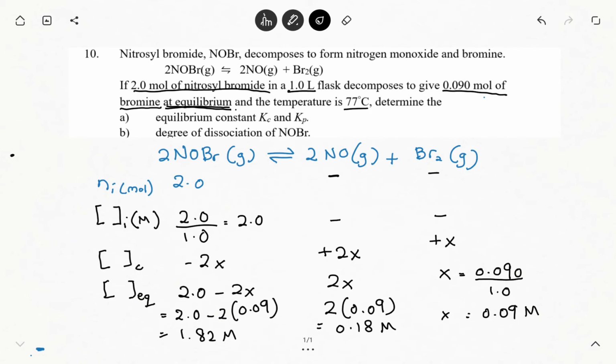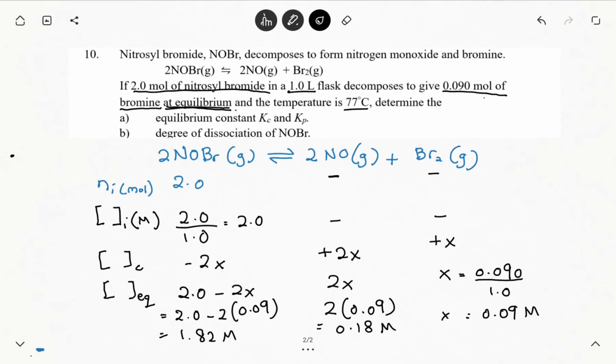Okay, so now we have the concentration of all species. We can calculate the Kc now. Just substitute the values in the Kc expression. So Kc equals the concentration of NO squared times the concentration of Br2, the concentration of product over reactant, over NOBr squared.